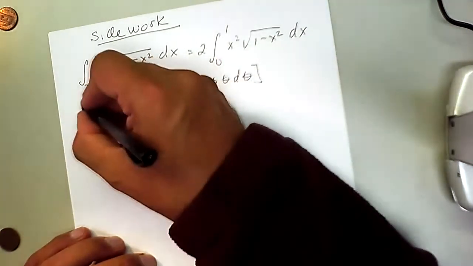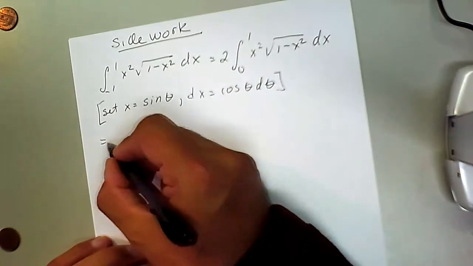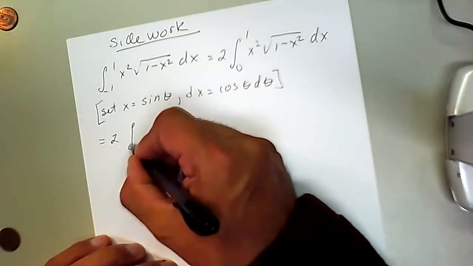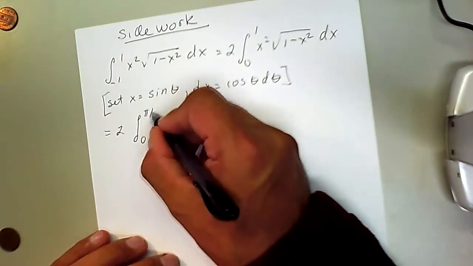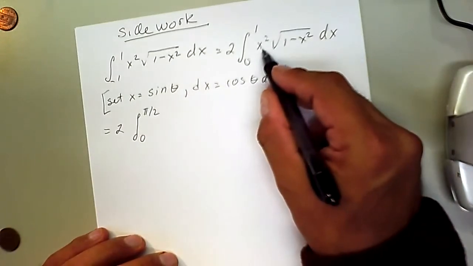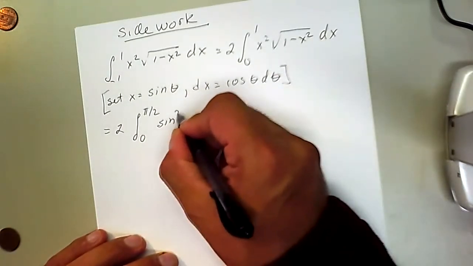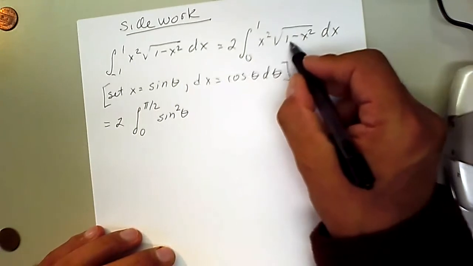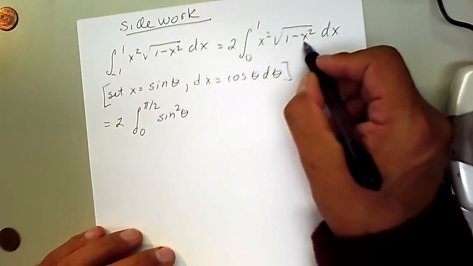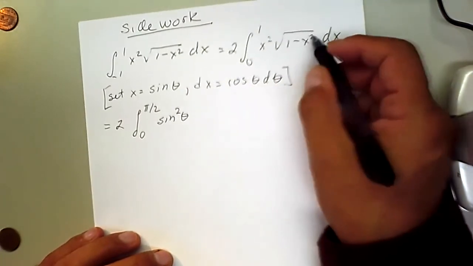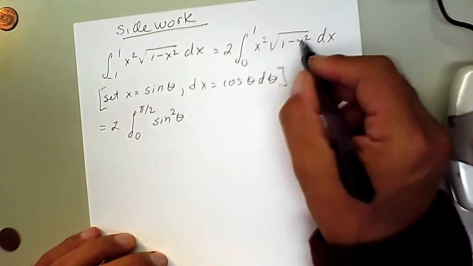So we put typically this in a bracket, and we continue the equation. So we have 2 integral from 0 to pi over 2. That is going to be sine squared of theta. 1 minus sine squared is cosine squared, square root of that. Technically speaking, that would be the absolute value of cosine.